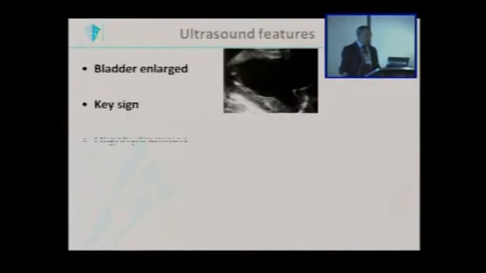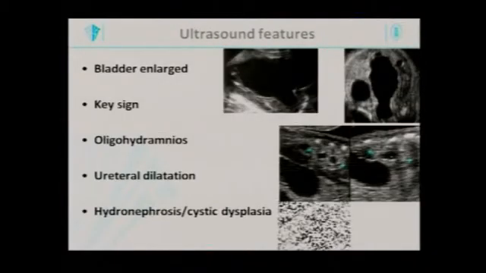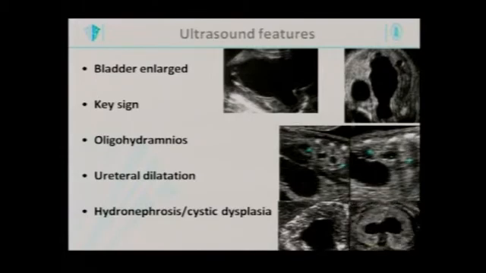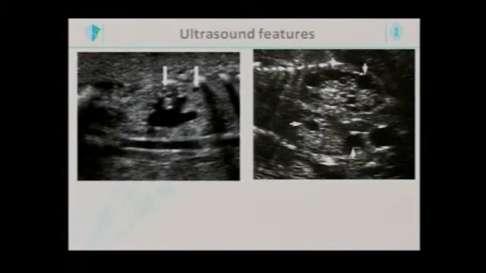The ultrasound features are very easy to recognize. You see lower urinary tract obstruction, ureters that are larger. You can have enlarged upper urinary ways, but you can also have secondary damage to the kidneys that to some extent is already predicting whether there is renal damage.